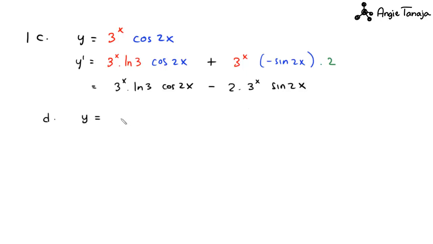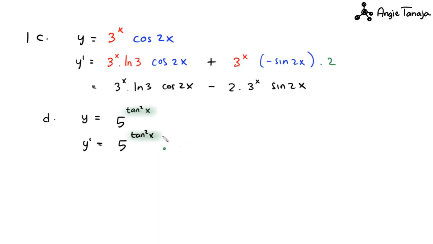y equals 5 to the power of tangent squared x. So this will be our something, our x. The derivative will be the same, 5 to the x, but actually it's not x, so we have to multiply it with the chain. And the chain here is actually another chain.